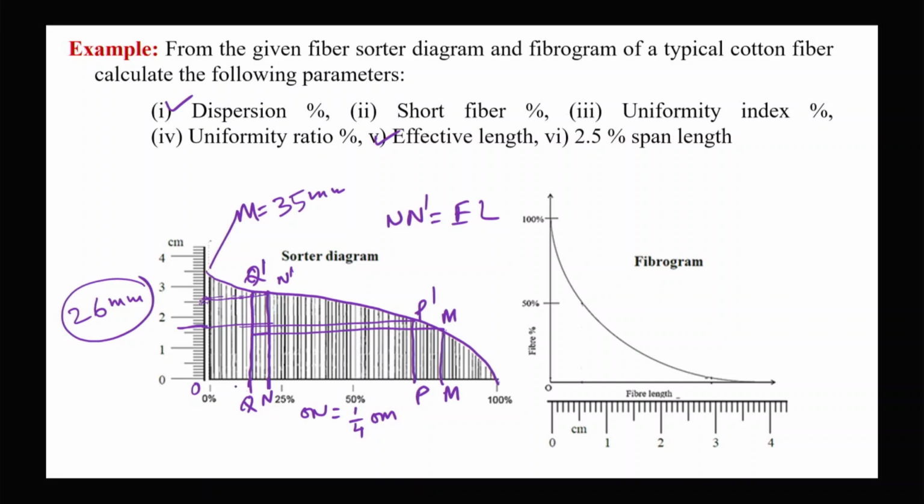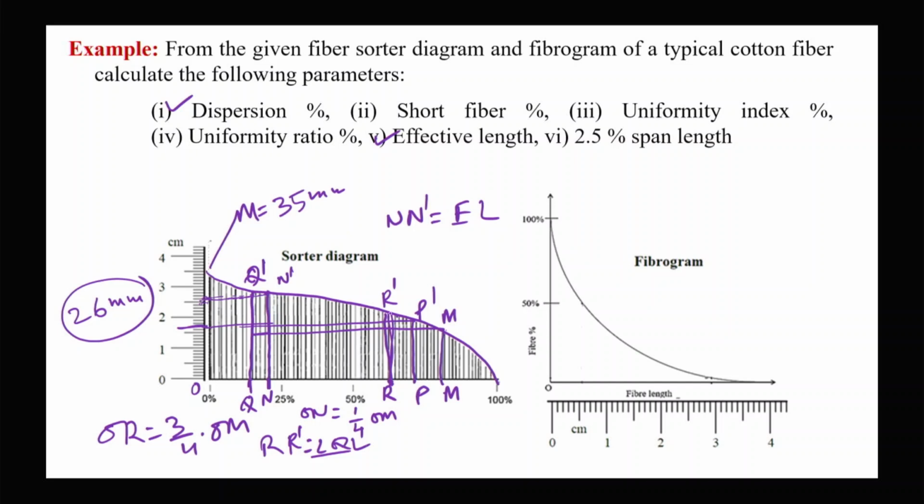Another part we are taking is R, so OR is 3/4 of OM, that is the upper quartile. So R dash is the lower quartile length.